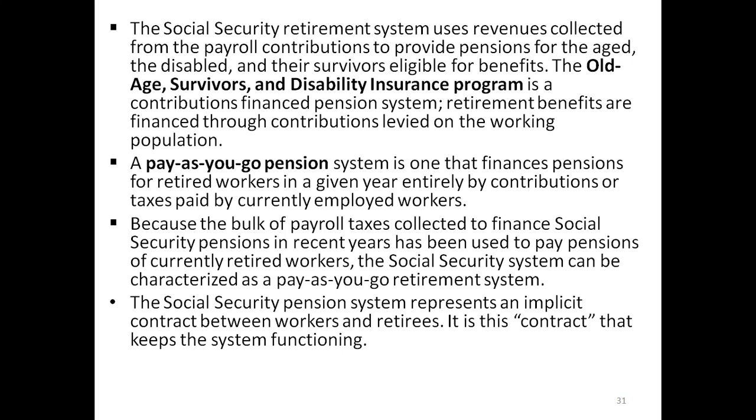Because the bulk of the payroll taxes collected to finance Social Security pensions in a recent year has been used to pay pensions of currently retired workers, the Social Security system can be characterized as a pay-as-you-go retirement system. The Social Security pension system represents an implicit contract between workers and the retirees. It is this contract that keeps the system functioning.